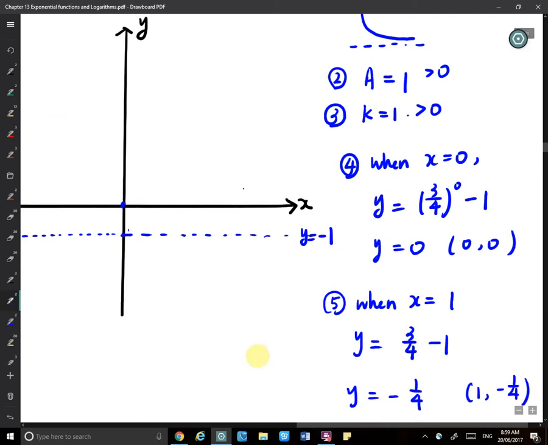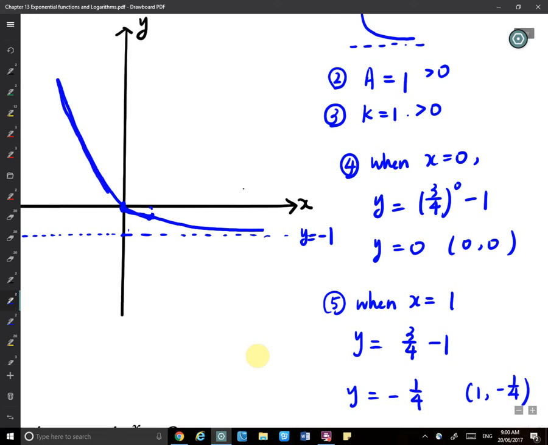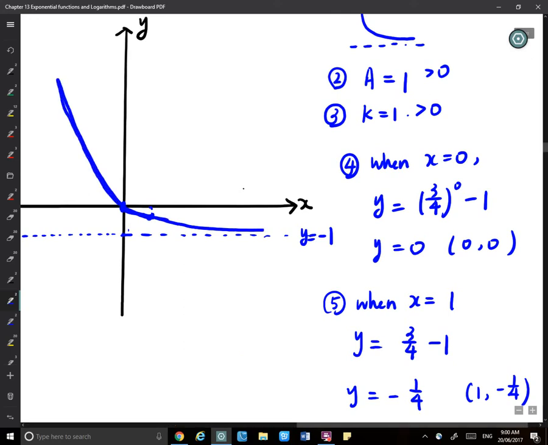So it passes through 0, 0, and 1, -1/4 is here. That's the shape of the graph.